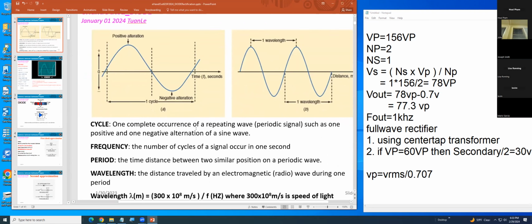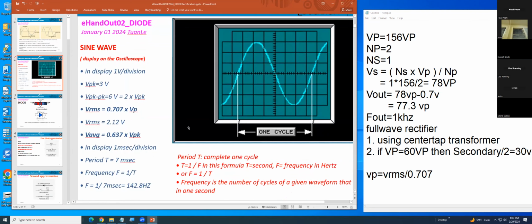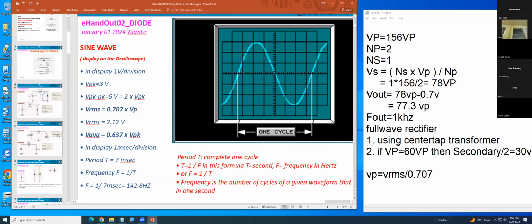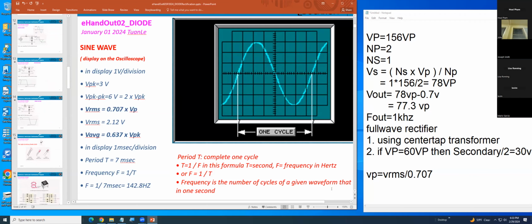Oh, okay, on the first page. Got it. VRMS equals 0.707 times V peak. So that's why if you get a V peak, then you take VRMS divided by 0.707.